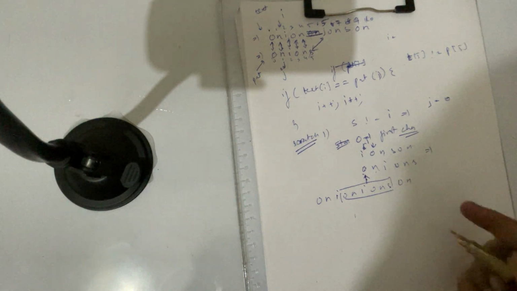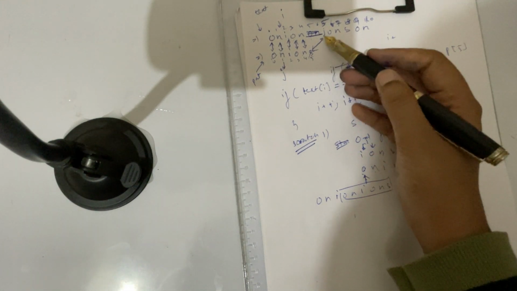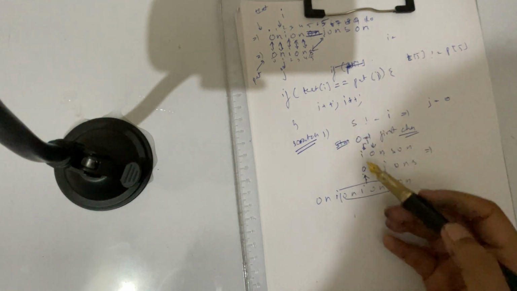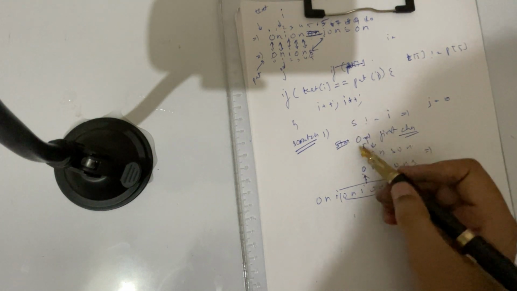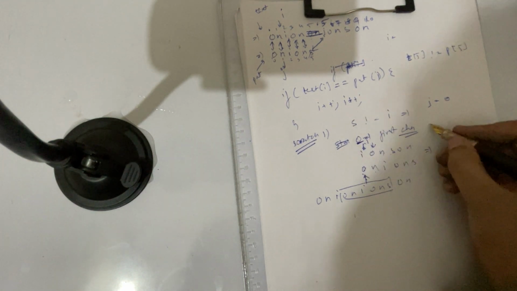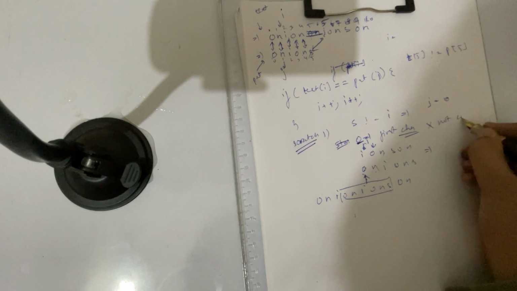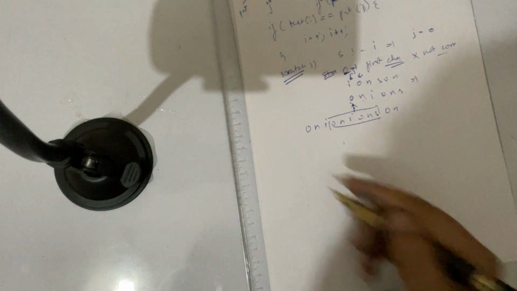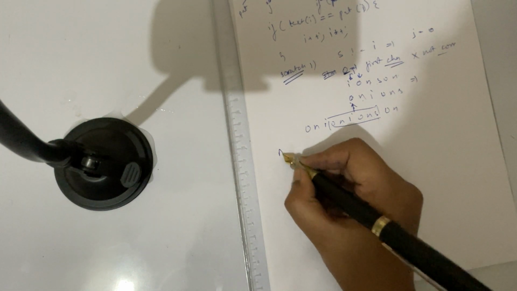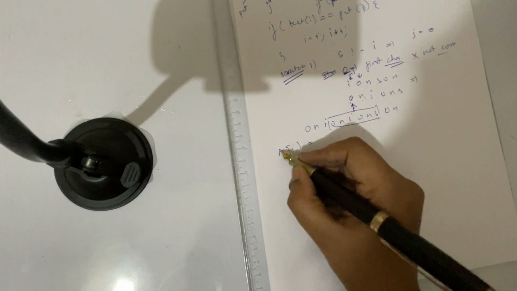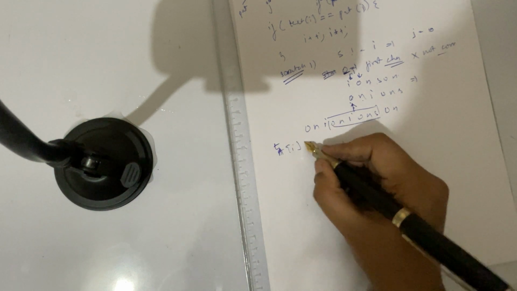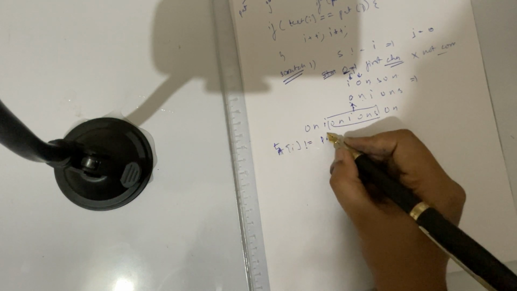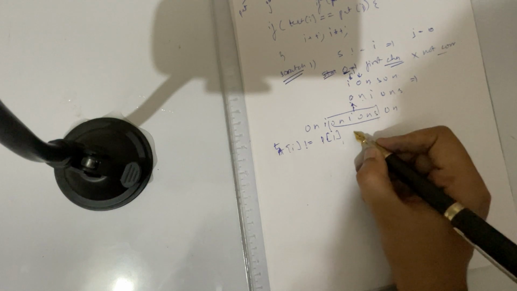Because when S was not matching against I, I moved back to the first character. So it is obviously not correct. So we have to come up with something different in case the text of I is not going to match the pattern of J. We have to come up with a better approach.